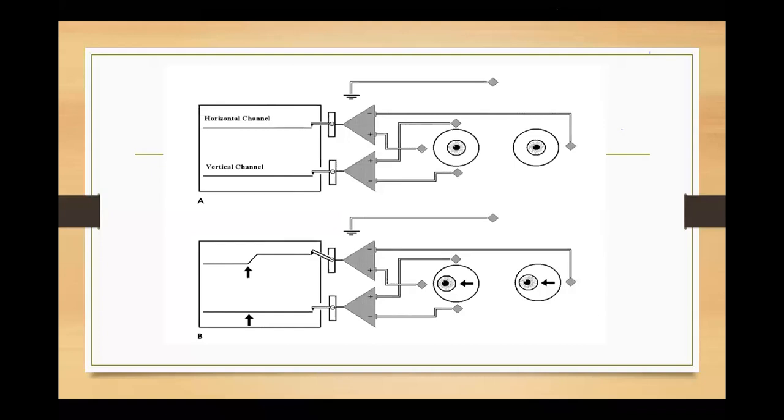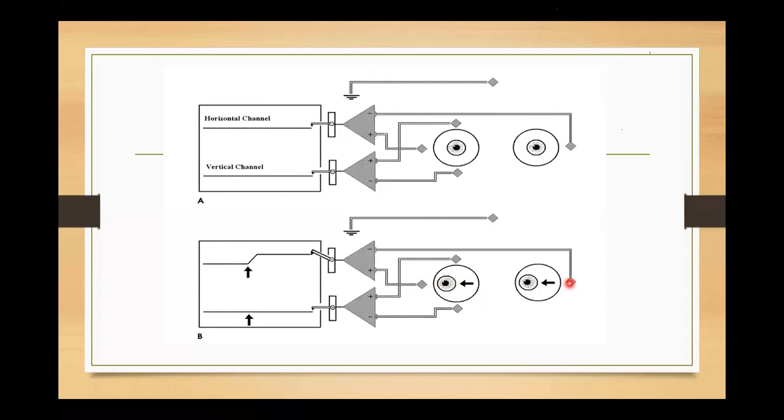Look at this. The horizontal, just a minute. Okay, so look at this. This eye is looking towards this direction, which means this electrode records a positive signal and this will record a negative signal.